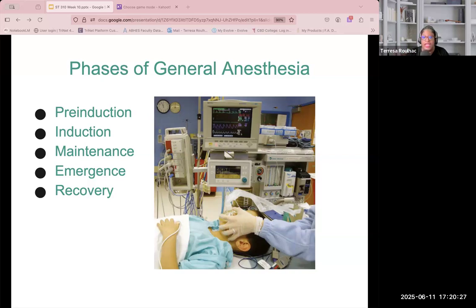And in emergence, this is when we're starting to gradually wake the patient. The anesthesia is starting to wear off. If you're in a case and let's say a resident or a fellow is closing, sometimes anesthesia will start to wear off that anesthetic so that the resident or fellow sutures just a little bit faster, and you'll know when it happens when you're in those cases.